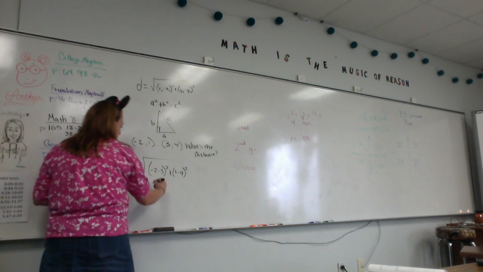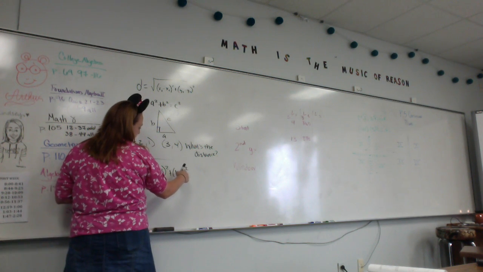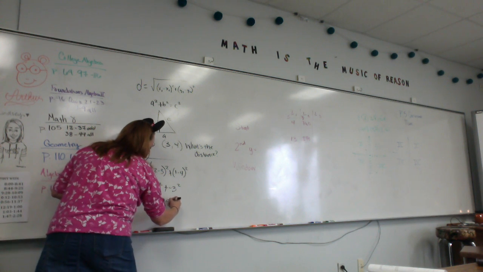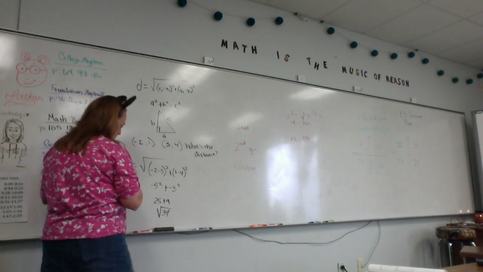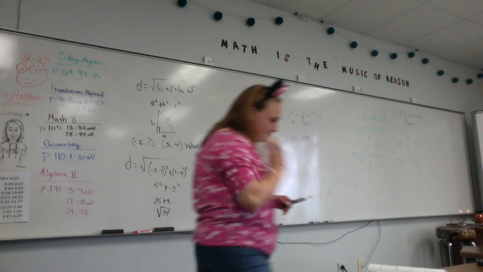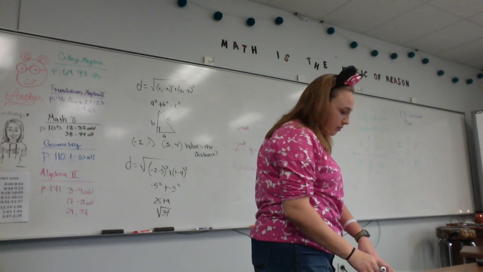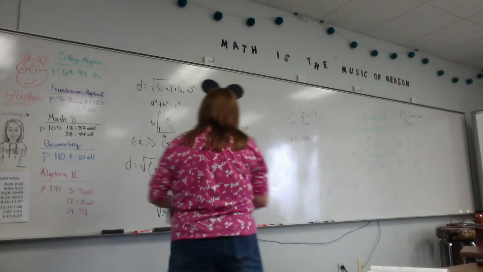Negative 2 minus 3 is negative 5, squared, plus negative 3 squared, right? So I get 25 plus 9, so I get the square root of 34. Okay, the square root of 34, which you can leave that way, or you can put 5.83, which is what it's approximately equal to.